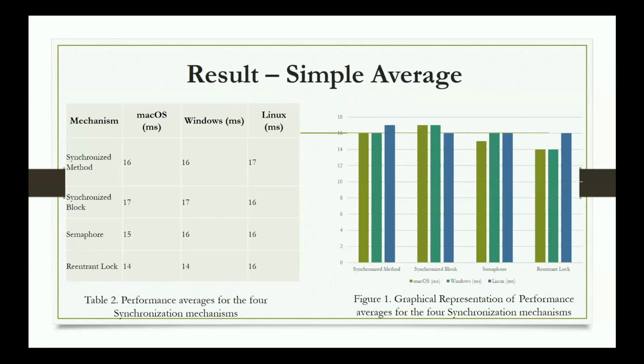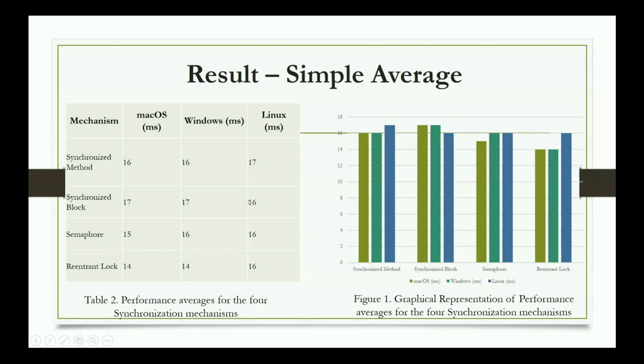Okay, thank you, Temitope, for that. So now we're going to analyze the result of our test. For the result, we have the raw result, which is basically just a simple average of all the tests. As we can see, that's the average of running this synchronized method on Mac 1,000 times, on Windows 1,000 times, and on Linux 1,000 times, and that applies to everything.